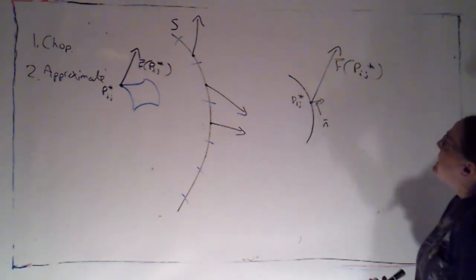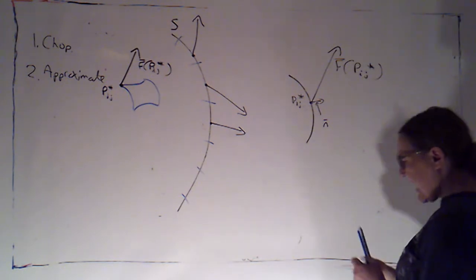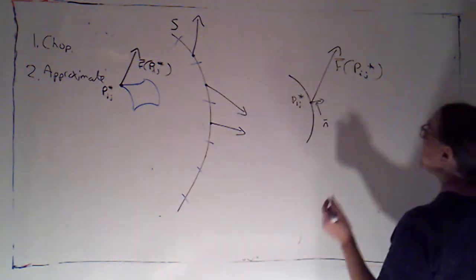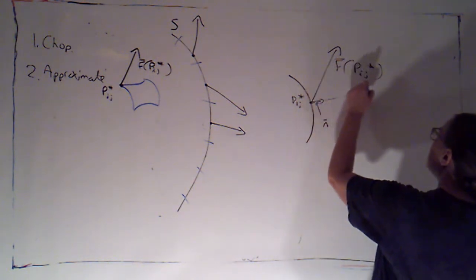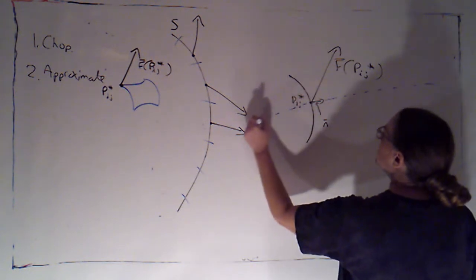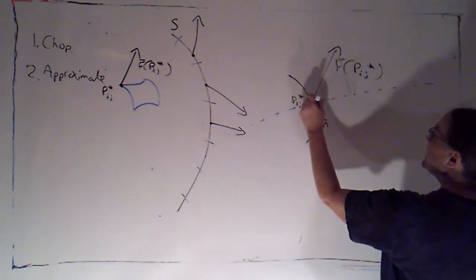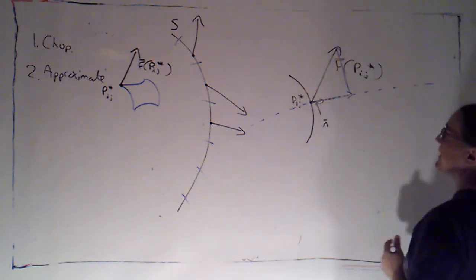Okay. Now, if I look at F, I can actually write F as a sum of two vectors. If I project onto the principal unit normal vector, then I can write F as a sum of this vector plus this vector.